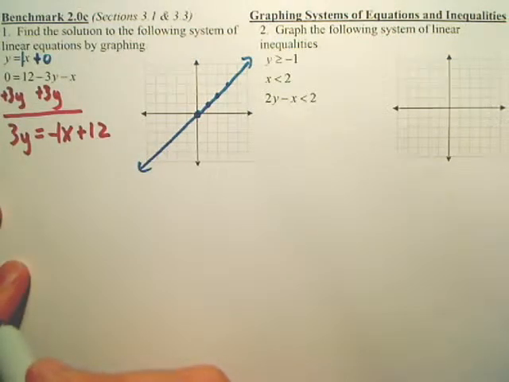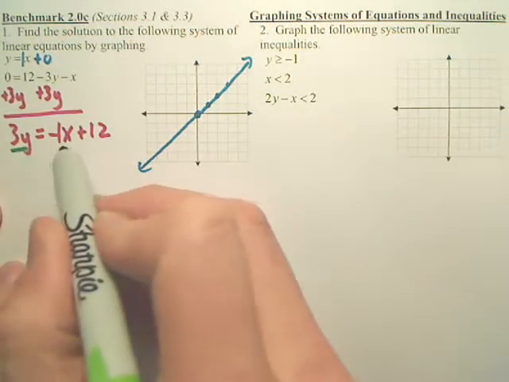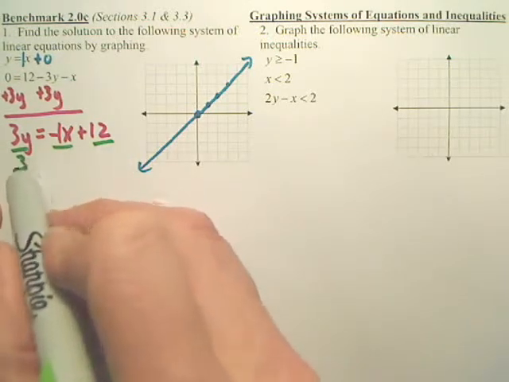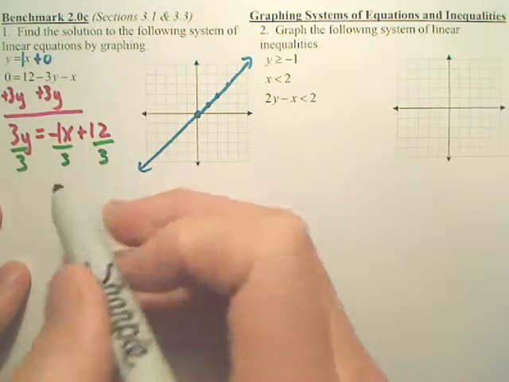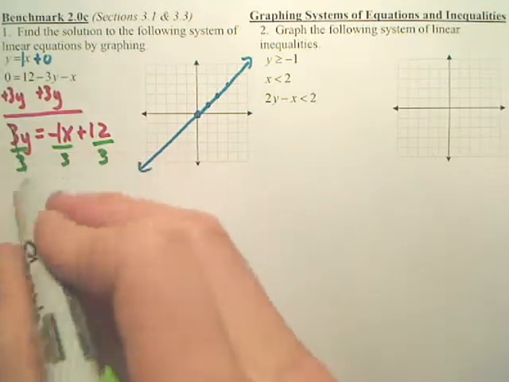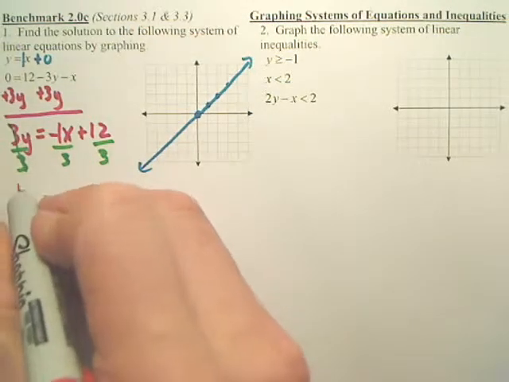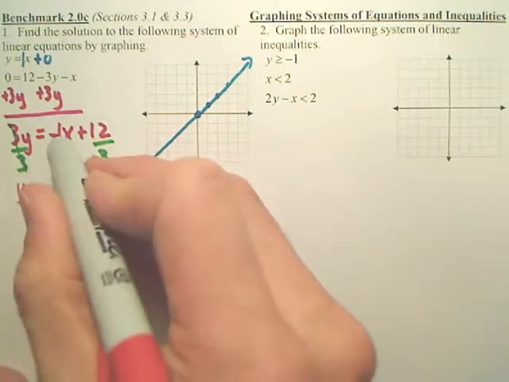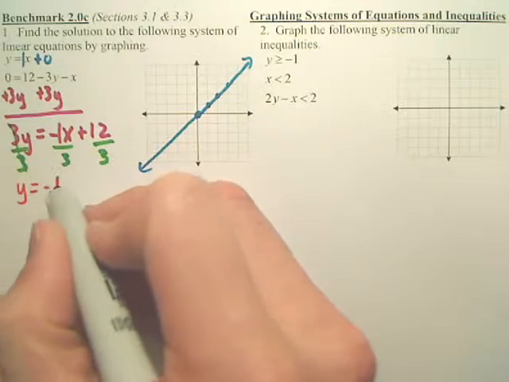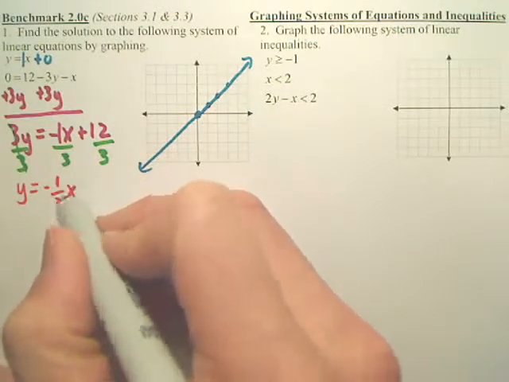Now, our next step would be probably to divide everything by 3. I now have y equals negative 1 divided by 3 does not reduce, so it's just negative 1/3 x.